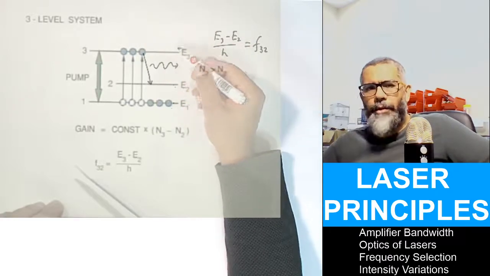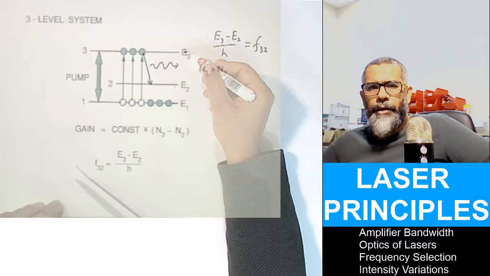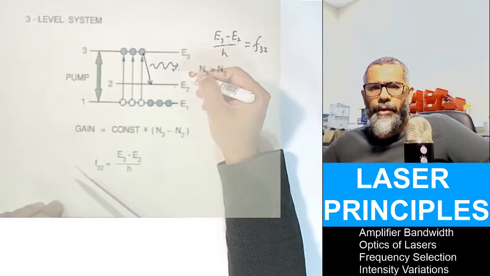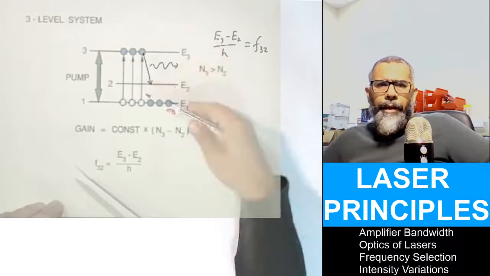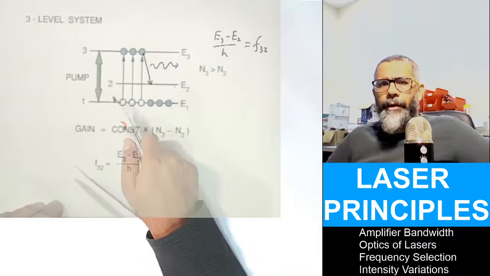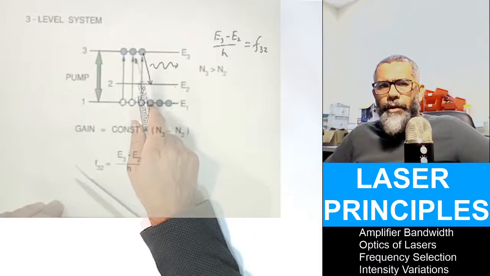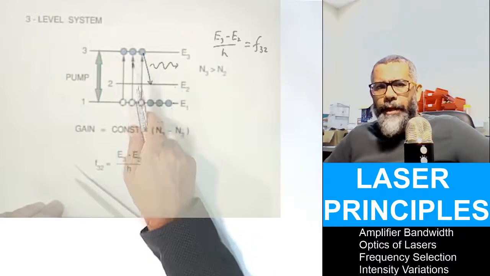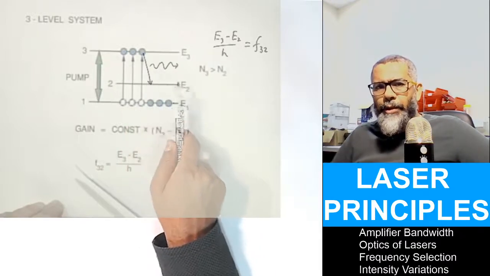So suppose this is the way, okay, and the 3-to-2 transition produces laser photons. As soon as you start pumping, the electrons just go to the third energy level, and there is no electron in the second energy level.